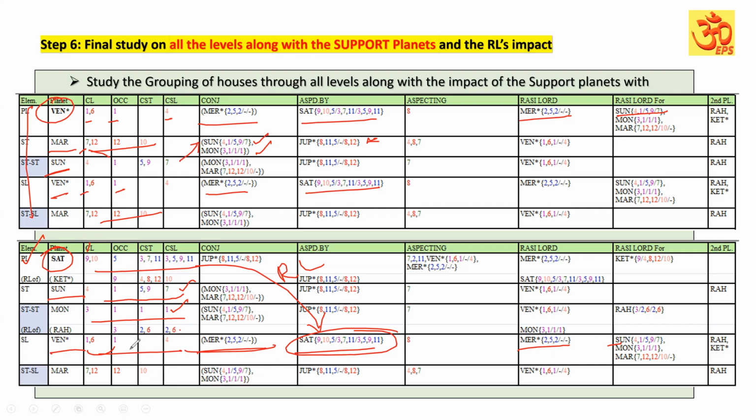So that planet's house grouping is also good from top to down, with only the sublevel having some weakness, but that is also supported by the favorable strong key planet through the ruler link. So Saturn is also becoming stronger for the event of marriage prospects.